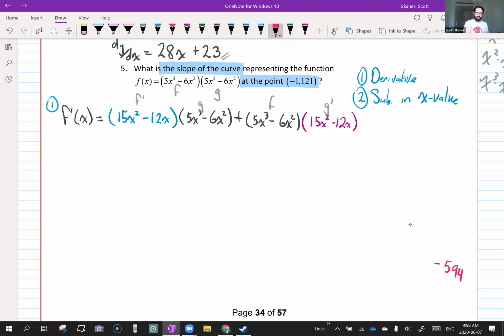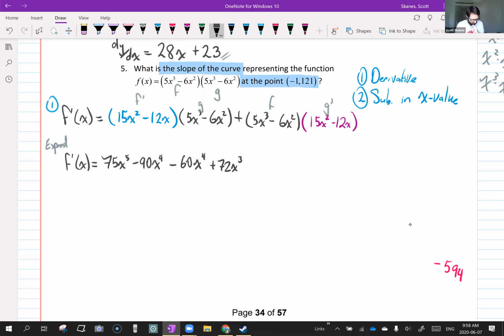Okay, so I'm going to expand this, and you should do the same, and we'll see what answer we get. It'll take a minute, but I'm just going to go bit by bit. This is 75x to the power 5 minus 90x to the power 4 minus 60x to the power 4 plus 72x to the power 3.